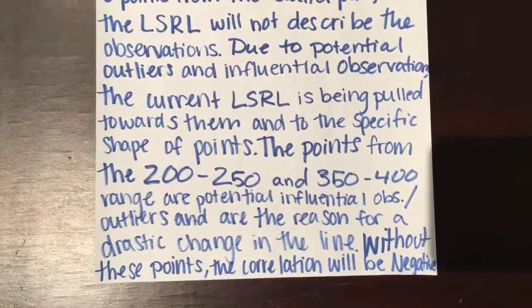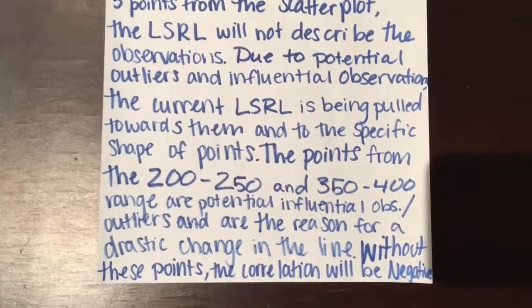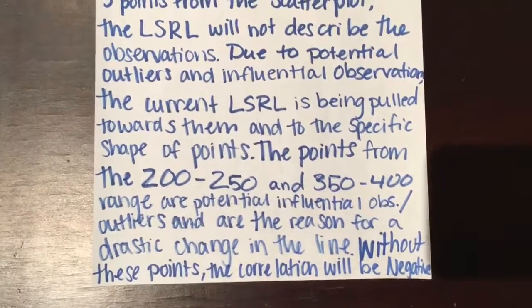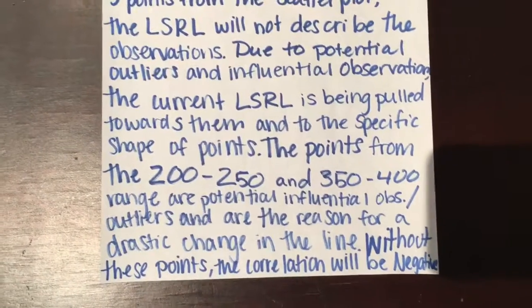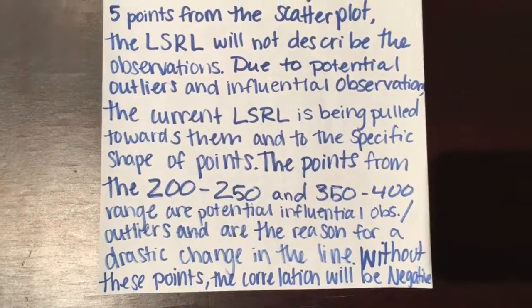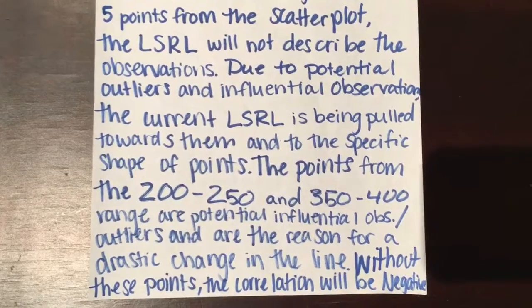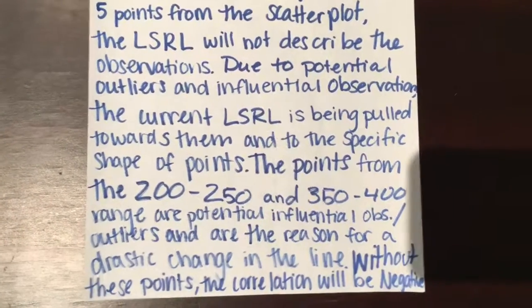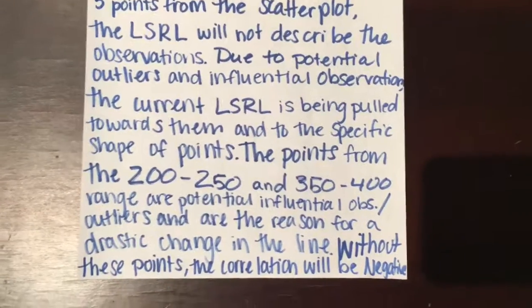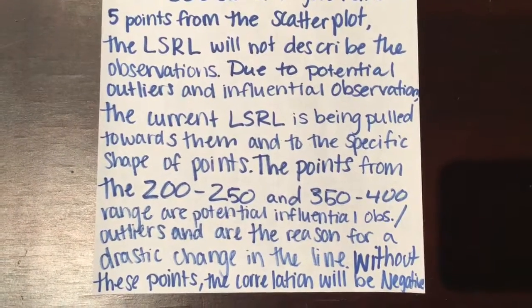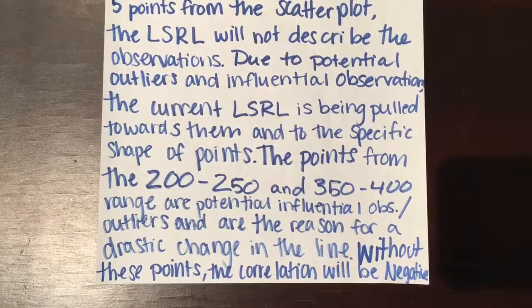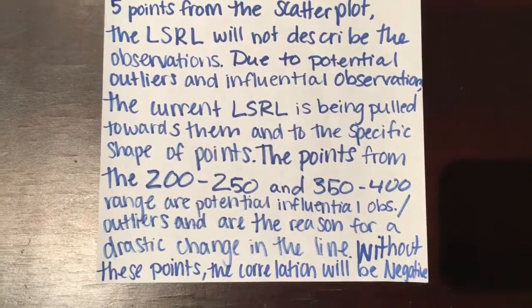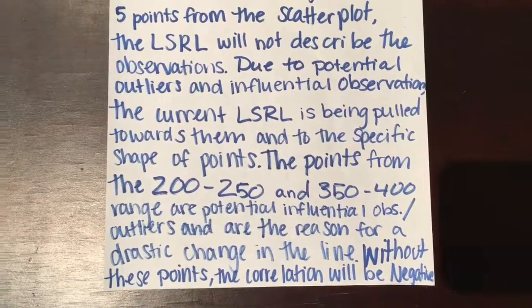So just looking at those points that would be left, that correlation would be negative and that line does not fit it. So the least squares regression line would have to be negative to fit those points, and it isn't. So that just shows furthermore that the least squares regression line does not fit those data points in that range.